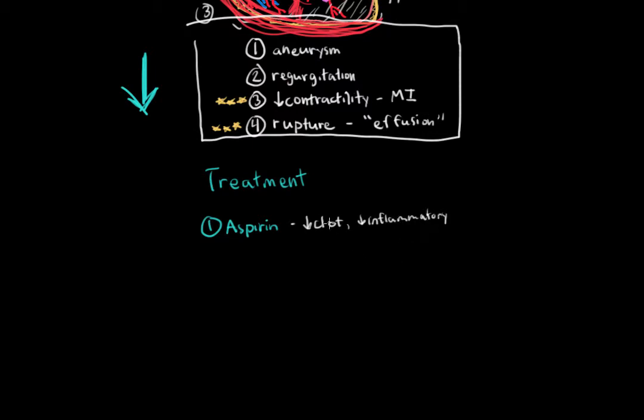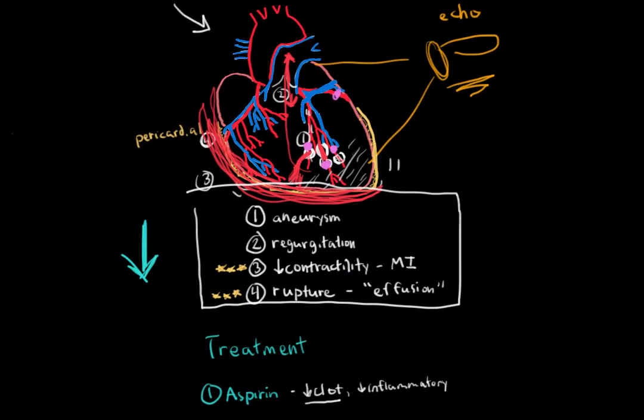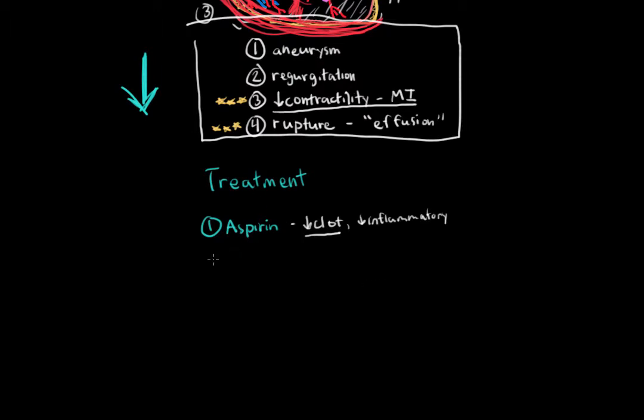Now the decrease of clot formation is extremely important because going back up here, remember we have a lot of clots being formed, and this can lead to the severe heart attack or myocardial infarction. So preventing clot formation can prevent the irreparable damage of a heart attack.